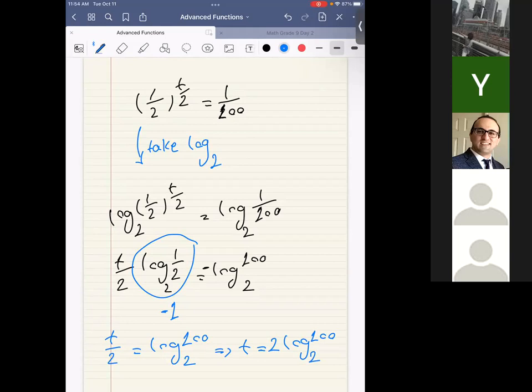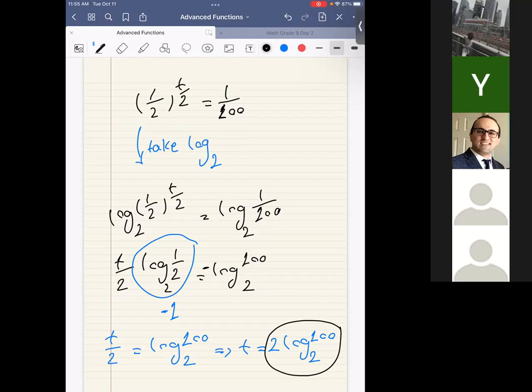Does it make sense? So that's the answer: t is equal to 2 times log 100. And log 100 is a number around, what, around 6 or 7? Because 2 to the power 6 is 64, and 2 to the power 7 is 128.